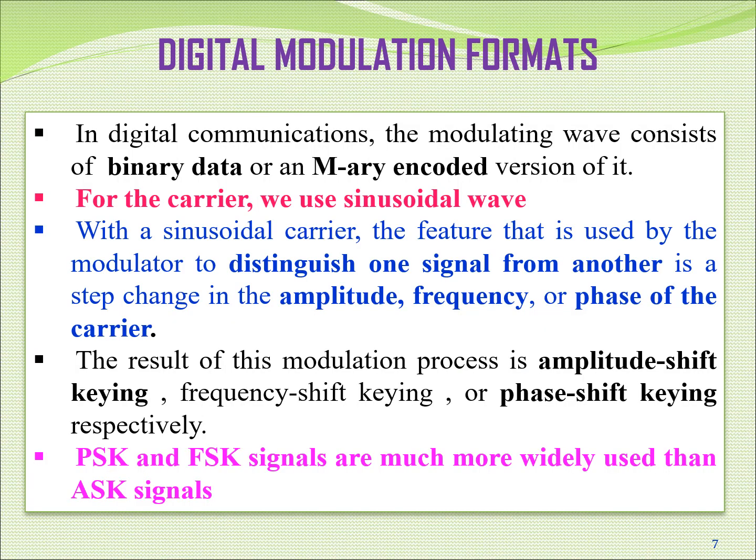The digital modulation formats, as mentioned, can be binary data or M-ary data. And for the carrier, we are using a sinusoidal signal. The feature used by the modulator to distinguish one signal from another may be amplitude, frequency or phase.